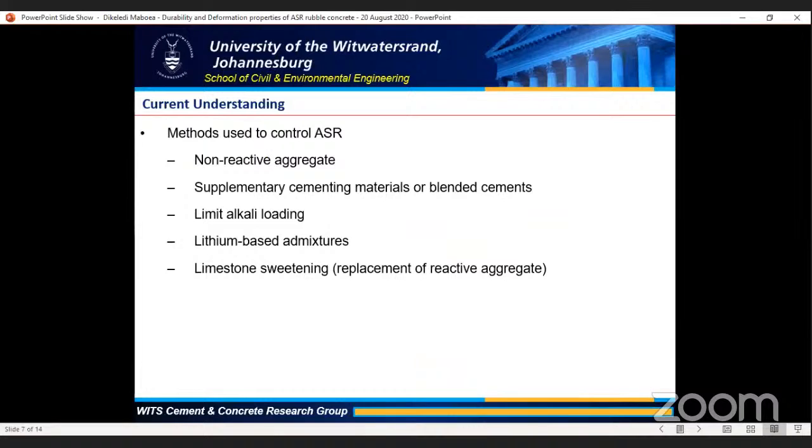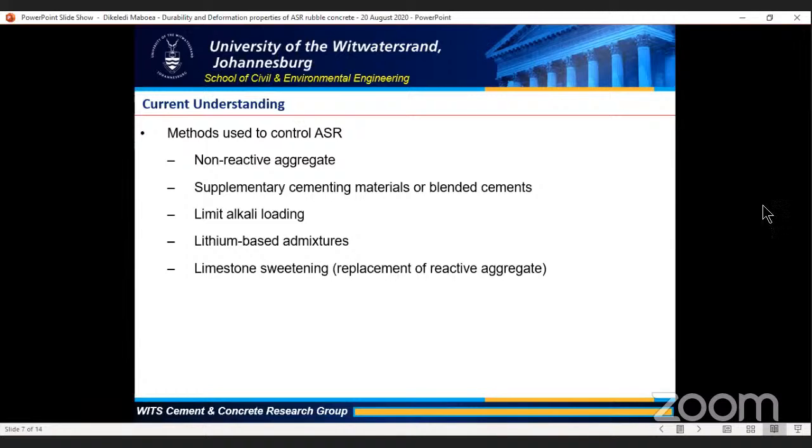So the ASR problem has been around for a long time. It was first recognized in the USA in 1938. In South Africa, the problem was first identified in structures in the Cape Peninsula, and in the 1970s, it was extensively investigated. So because of this, there has been some method in order to either control or prevent ASR.